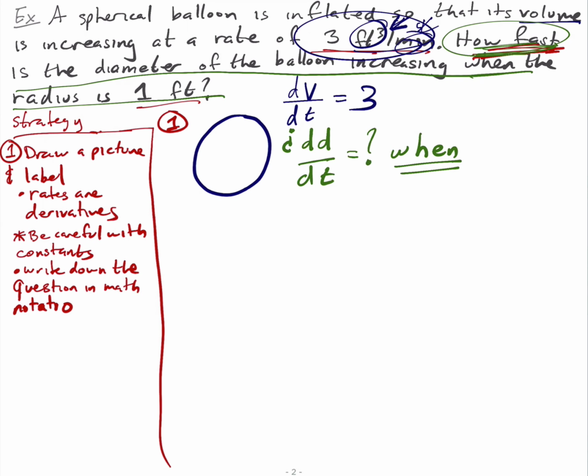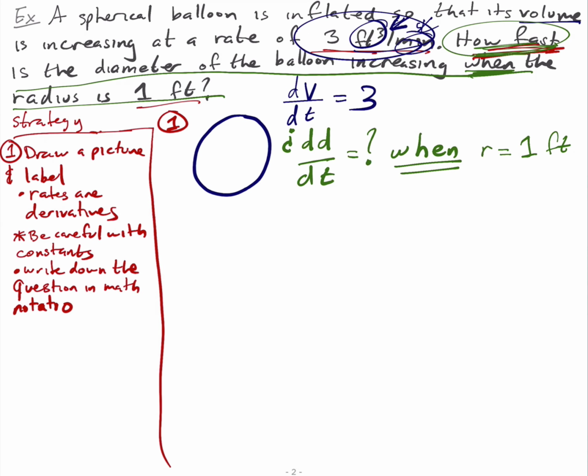Now, so here notice it says when. This tells us specifically what point in time we're looking at to answer this question. So we're looking for the rate at which the diameter is changing, not all the time, because it's not necessarily constant. We're looking for it when? When the radius is 1 foot. When r equals 1 foot.